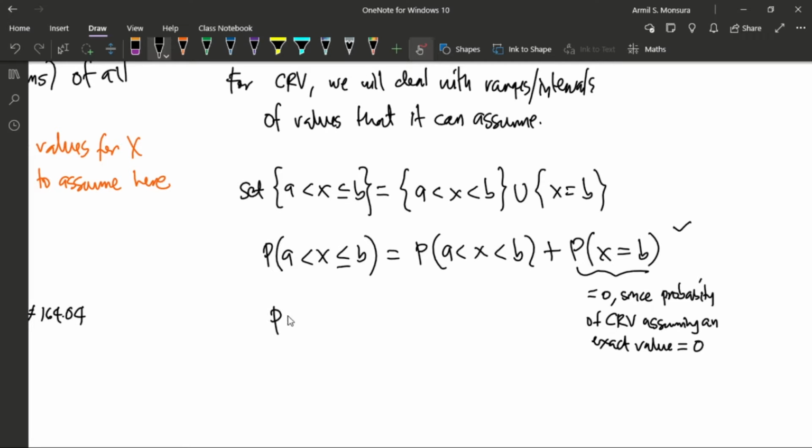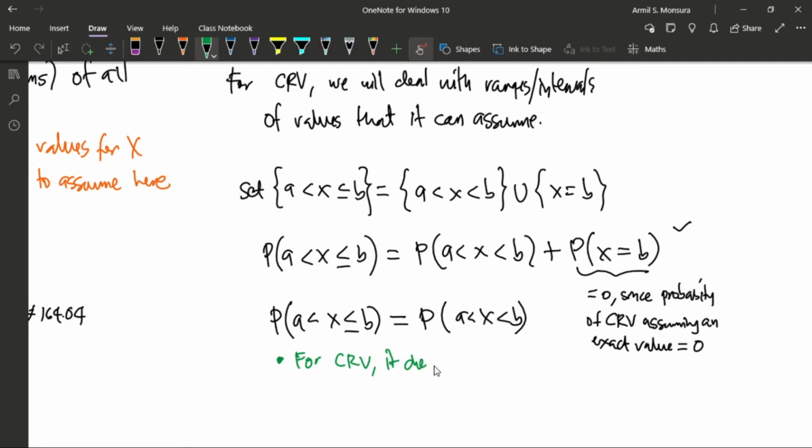So, it turns out that the probability of X greater than A and less than or equal to B is equal to the probability of X assuming values greater than A and less than B. For continuous random variables, it does not matter if the interval includes the endpoints or not. The probability remains the same.